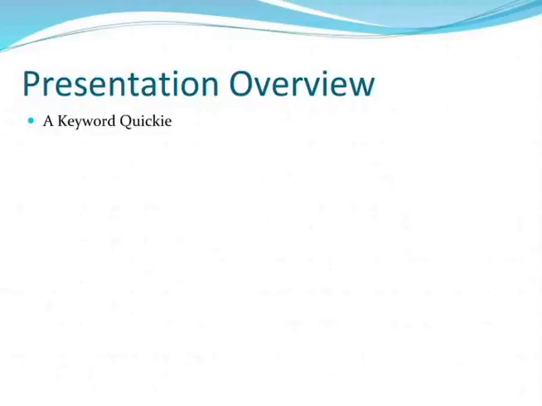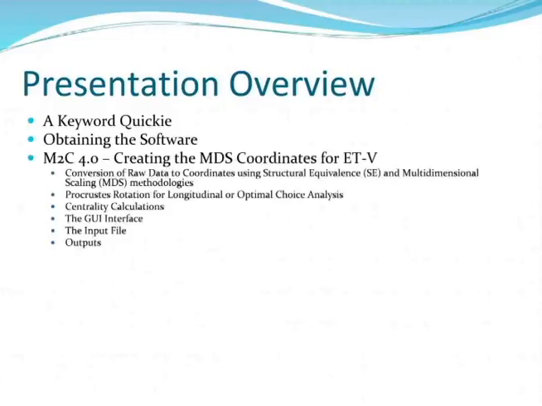This presentation is going to start with a quick keyword reference so that we're all talking the same language. From there, I plan on talking about how you can obtain the software, which is free. Then I will talk about the matrix creation software, which takes your raw data and puts it into something you can visualize.